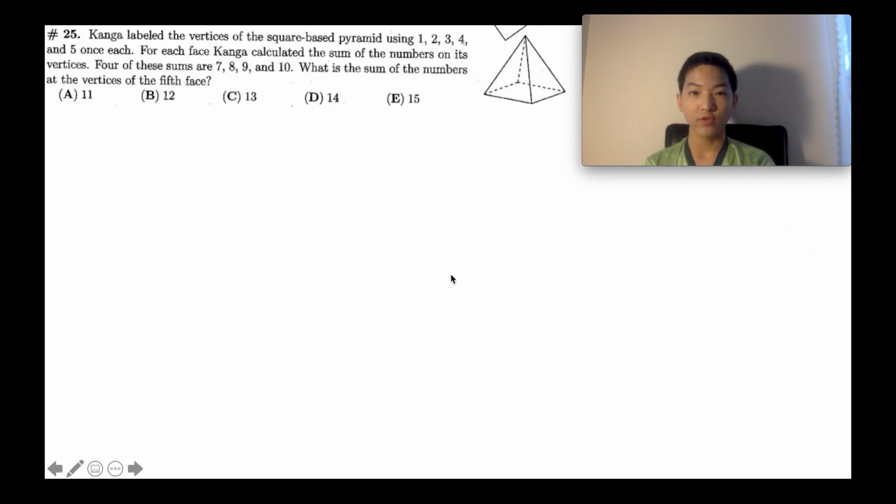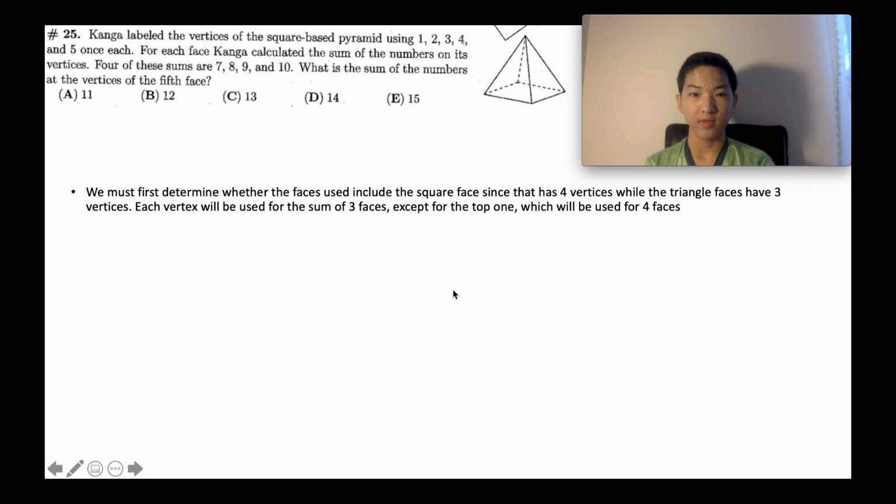Now we are on to 25. So we must first determine whether the faces used, like the faces given for these 4 sums, include the square face. Because the square face has 4 vertices, while the triangle faces have only 3 vertices each.